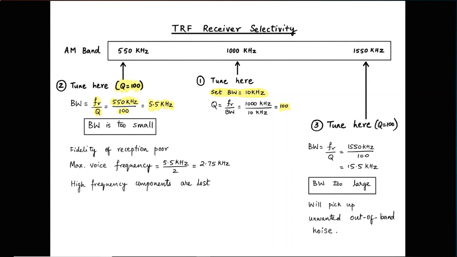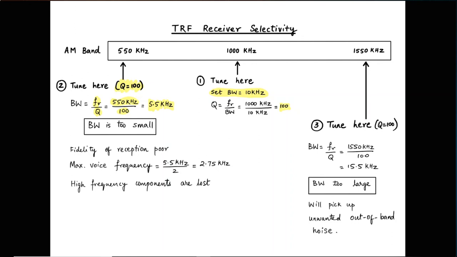It is too small for the signal, which means, what did I just do? I said that my signal has a bandwidth of 10 kilohertz, and that is going through this bandpass filter of the same bandwidth. But the moment I tuned it to a different frequency, the bandwidth of the bandpass filter almost became half, which means that I will be essentially chopping off half of the signal of interest.